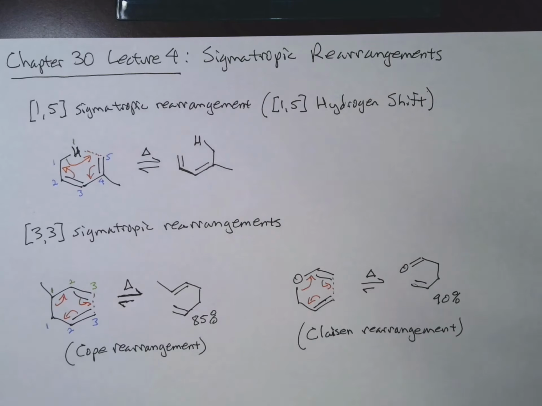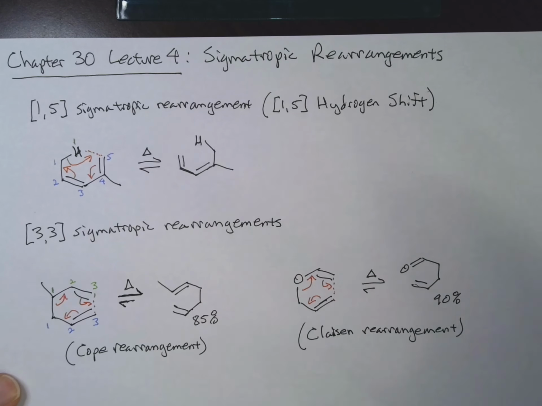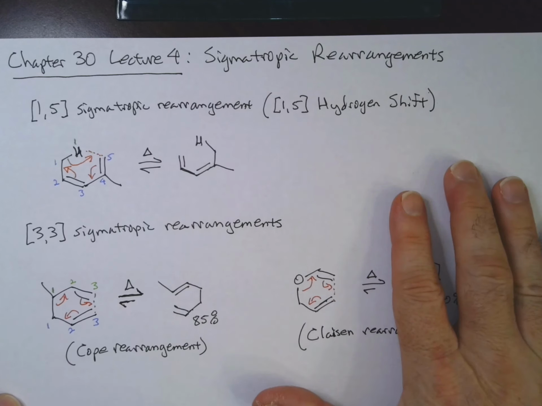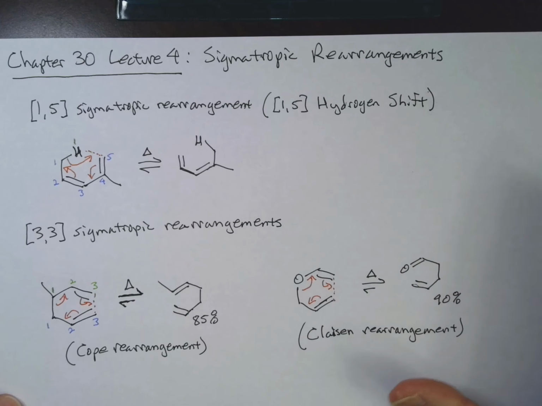So, we do like to talk about electrocyclic and sigmatropic rearrangements, but not in nearly the level of detail for sigmatropic that we do for the others. So you guys don't have to worry about molecular orbitals for the sigmatropic. Just be able to recognize them.